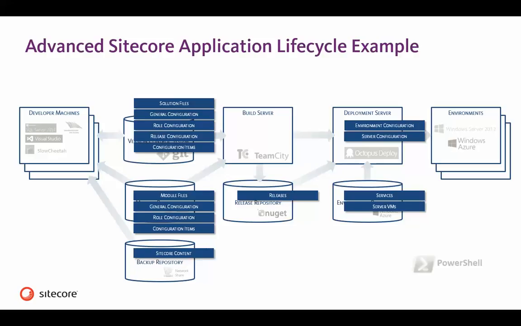In the deployment server, Octopus Deploy in this example, we'll store environment specific configurations. So these are connection strings, things like that, because Octopus Deploy needs to. So if we set up a new environment in Octopus Deploy, it will then handle the connection strings. So it won't be part of the versioning in the version control system.